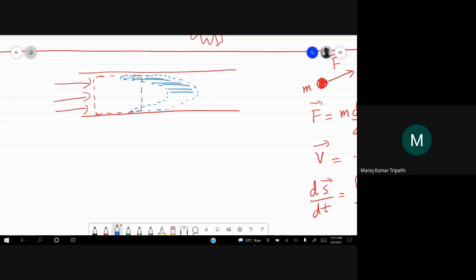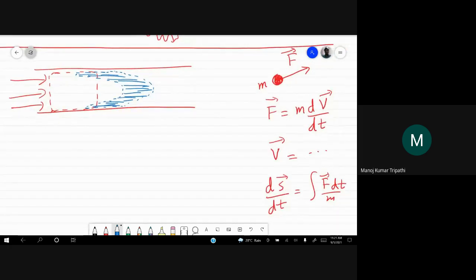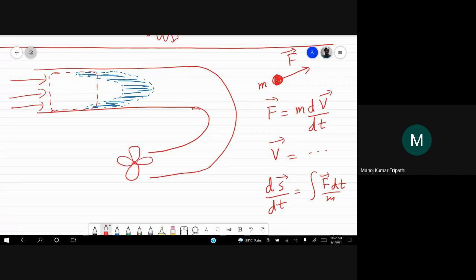Yes, sir. Something like that. And you can imagine the complexity when this pipe has bends or has a turbine or a pump. Then what will happen to the shape of this domain?